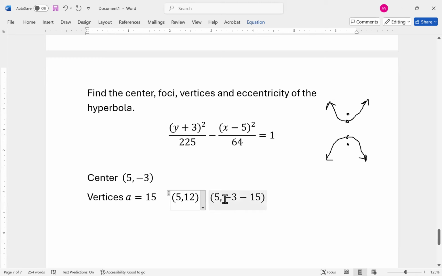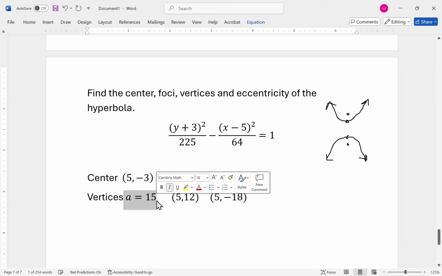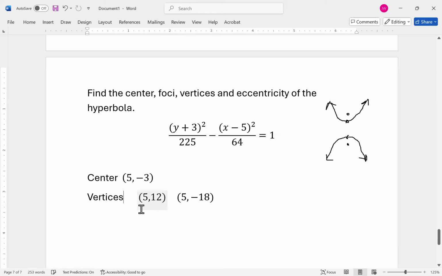When I move down 15 units, I get to the point (5, -18). Again, that's since a is 15. So that's because a is 15, that's where we go with the vertices. And we know we go up and down on the transverse axis.